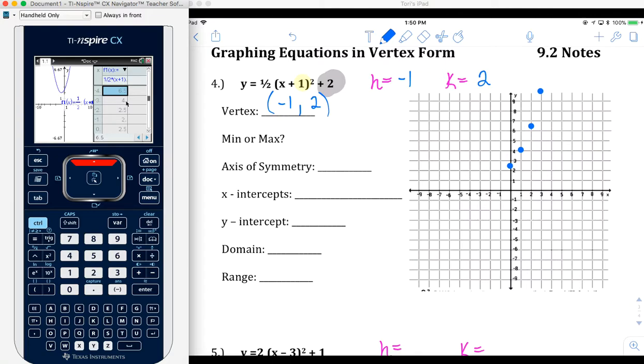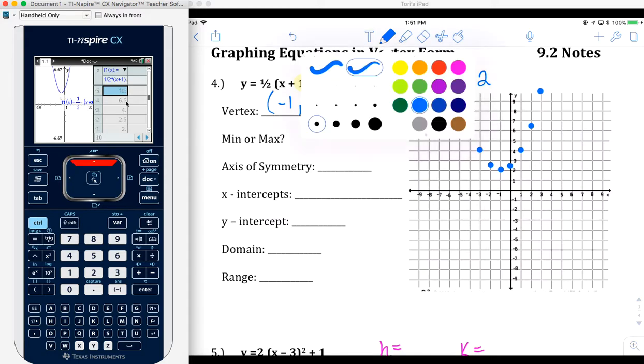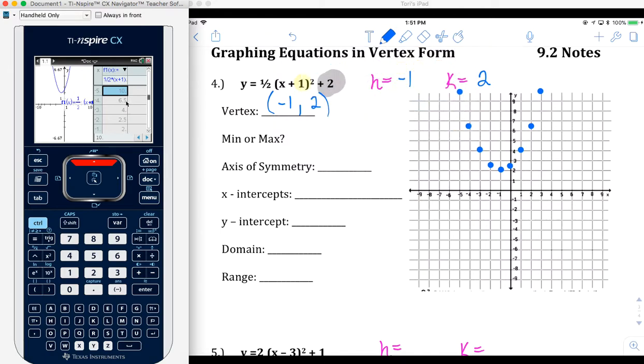Negative 1 goes to 2, and it looks like we're climbing down and then right back up. Negative 2 is 2.5. Negative 3 is 4. Negative 4 is 6.5. And negative 5 is 10. I think. Yes, 10. All right, so we've got a lot more dots this time. They're a lot closer together, and they are decimals, but that is okay. Question's still going to get answered the same.